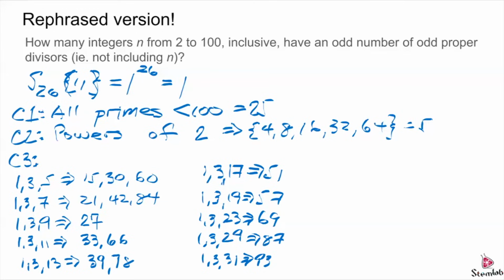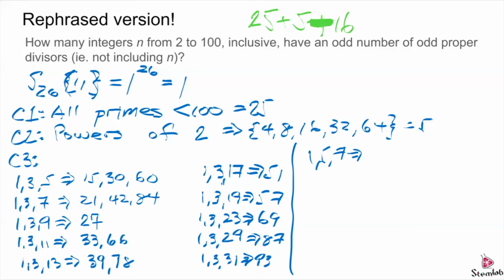So now we have, I'm going to list it up top. We have 25 from the primes, plus 5 from the powers of 2, plus 16 from the ones that are 1 and 3. Okay, so now we'll do 1 and 5s. So 1, 5, 7 gives us 35 and 70. 1, 5, 11.